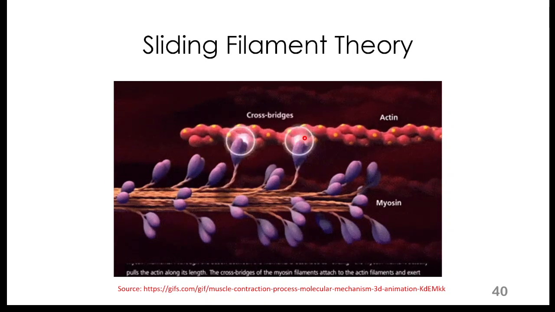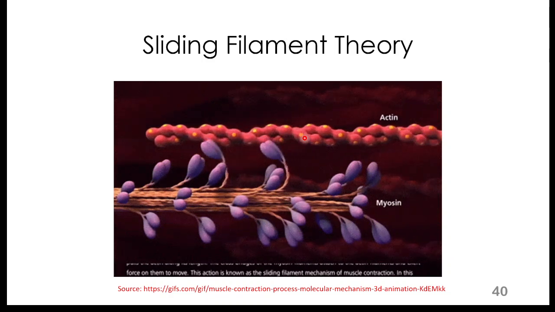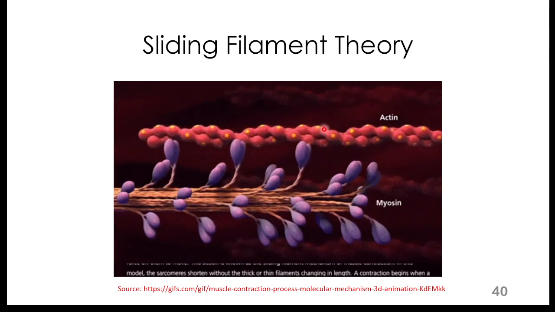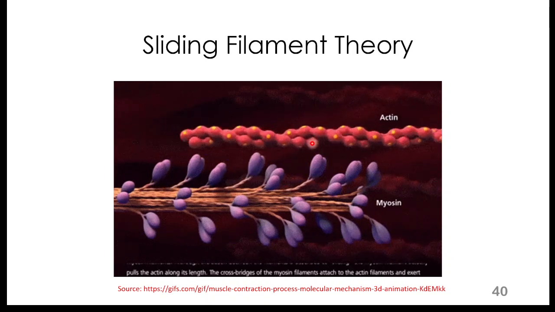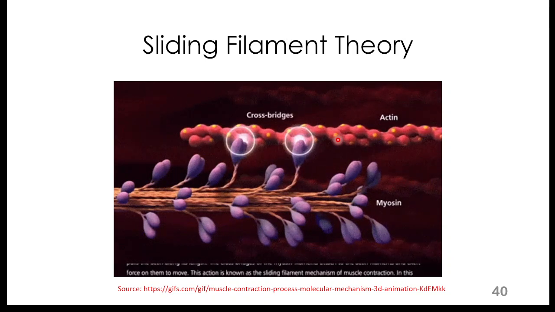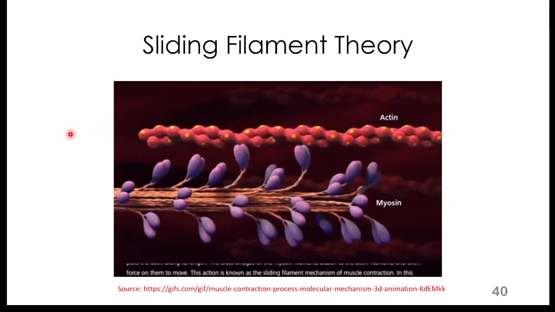Then once the ATP is degraded to yield ADP and energy, that energy will be used by the myosin to cause the power stroke that pulls and drags actin along.